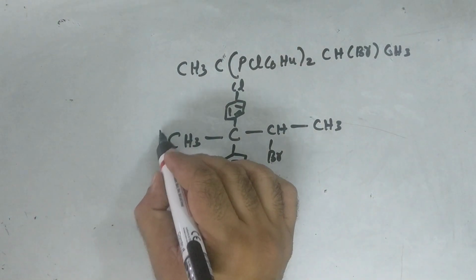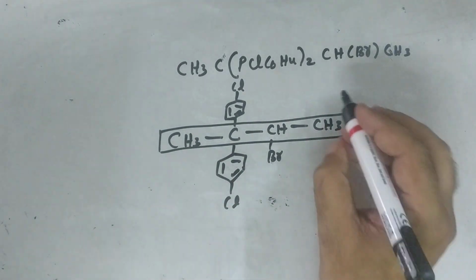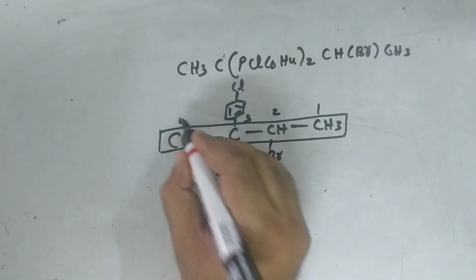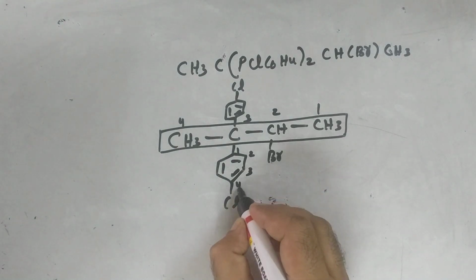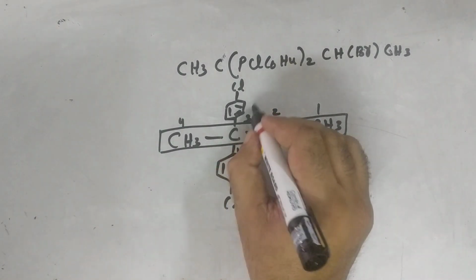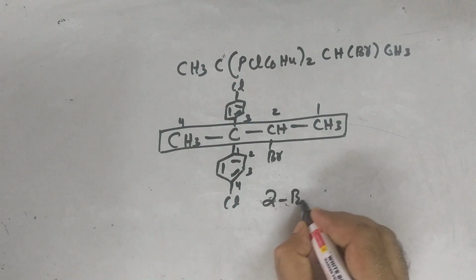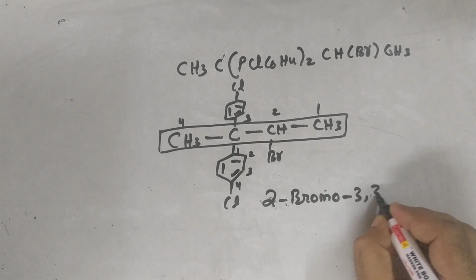So this will be your long chain of carbon atoms. Numbering from here 1, 2, 3, 4. These groups to be numbered separately 1, 2, 3, 4. 4-chlorophenyl. This is also 4-chlorophenyl. So we name the compound, second position bromo, 2-bromo, then 3, 3.